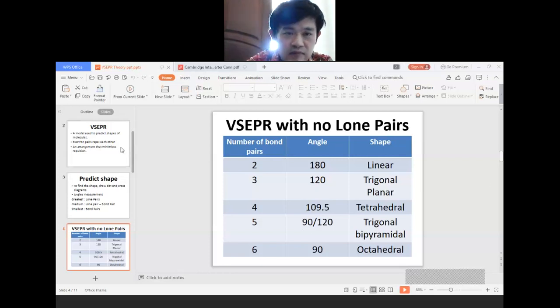It is quite difficult for me to draw the shape. Why? Because it requires a high skill of drawing to draw the 3D. And then next, if there are 6 bond pairs with no lone pair, example, sulfur hexafluoride. The shape is octahedral, angle 90.